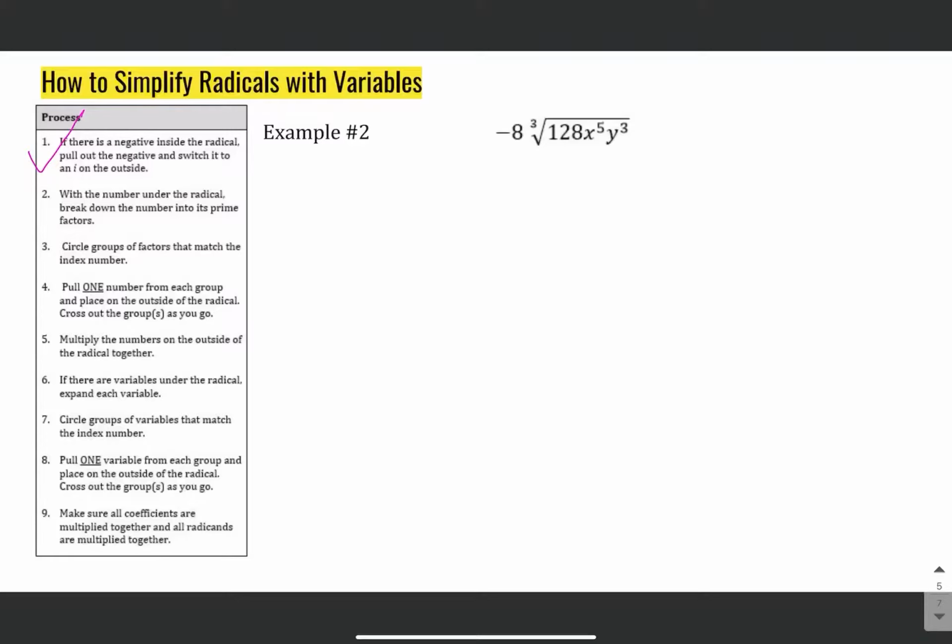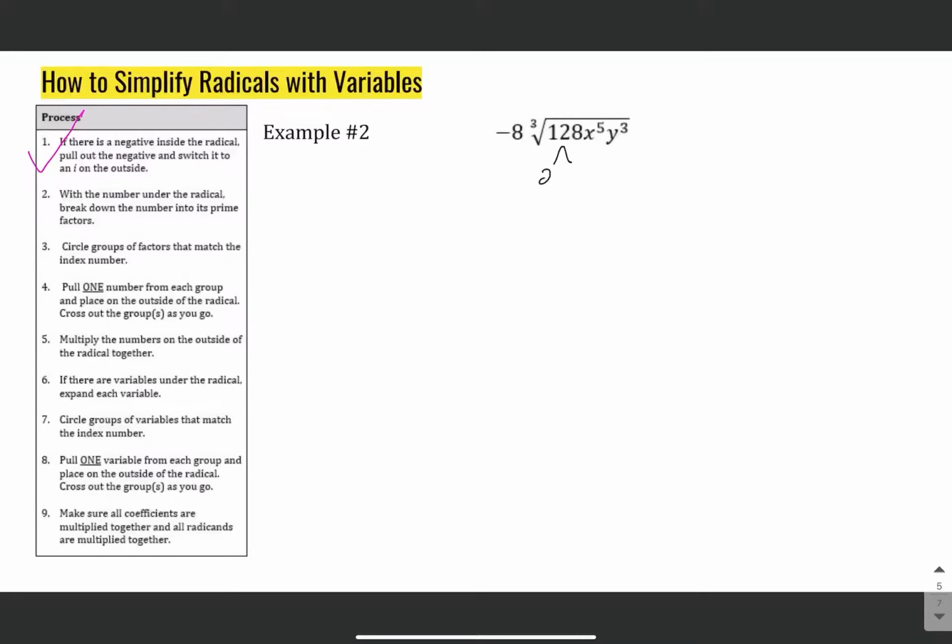Let's go ahead and look at step 2. So step 2, with the number under the radical, break down the number into its prime factors. Well, we can do that. I've got 128 on the inside, and I'm going to be breaking that down. Now, 128 is an even number, so I know I can divide this by 2.